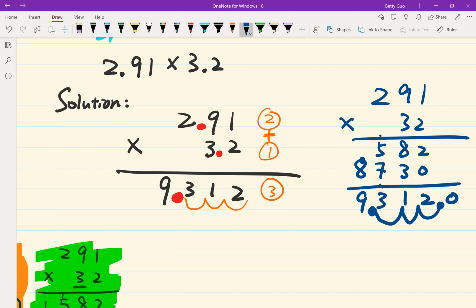One easy way is you look at the first factor. 2.91 has 2 non-zero digits to the right of the separator. The second factor, 3.2, has 1 digit to the right of the separator. 2 plus 1 is 3. So you move the decimal point in 9,312 to the left 3 times to get the answer.